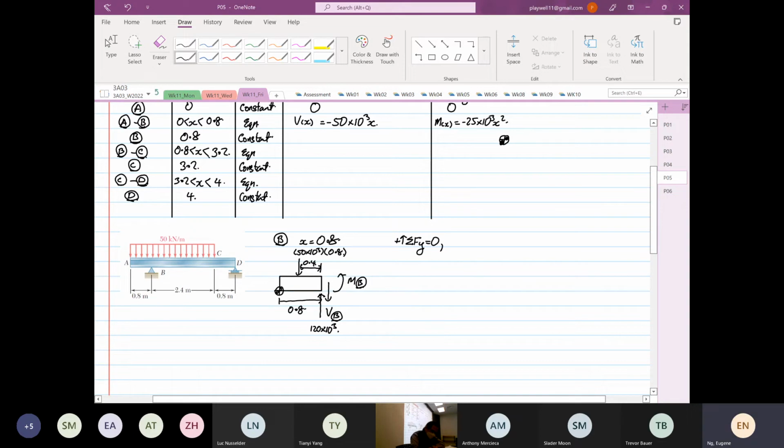So this will be equal to minus 50 times 10 to the power 3 times 0.8, plus 120 times 10 to the power 3, minus V at point B. The whole thing is equal to 0. Okay. So V at point B, the shear force at point B, is equal to positive 80 times 10 to the power 3 meters.